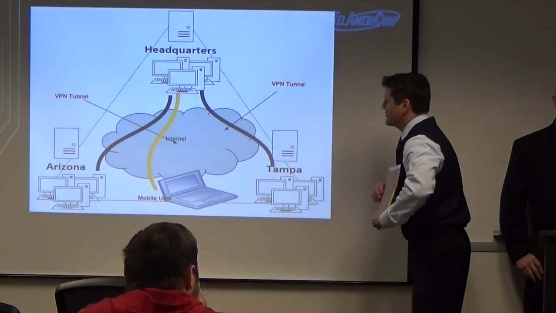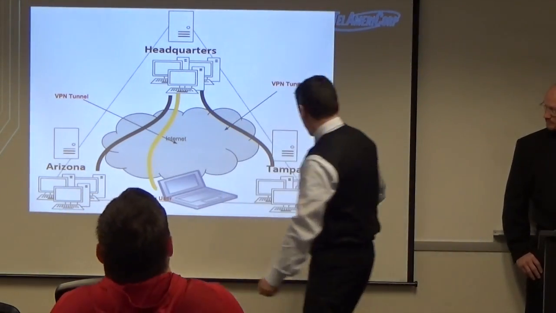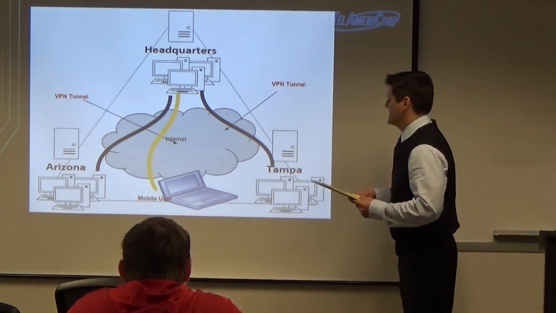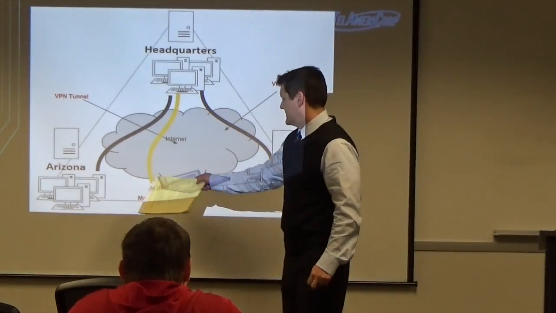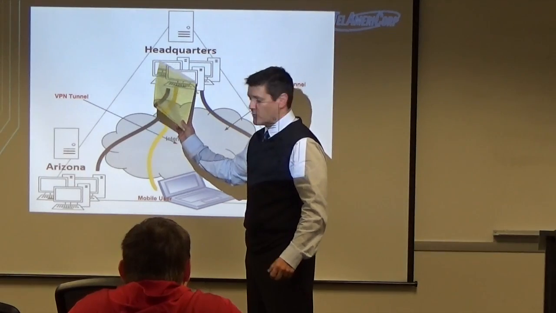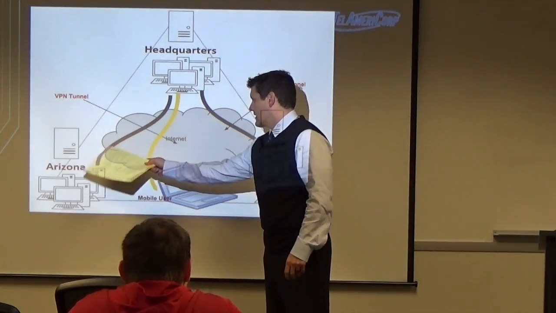This is kind of a diagram. Here we have Kansas City, the headquarters. We have Arizona, and we have our Tampa location. Different networks. And how VPN works is you have Arizona here, and say you want to connect to the headquarters. You cross through the internet.